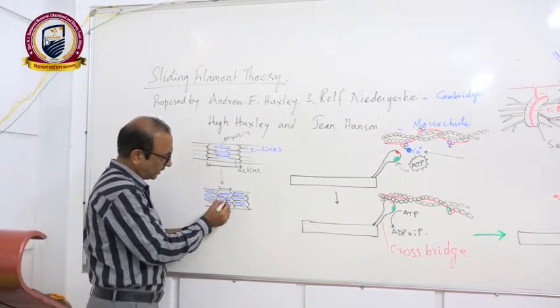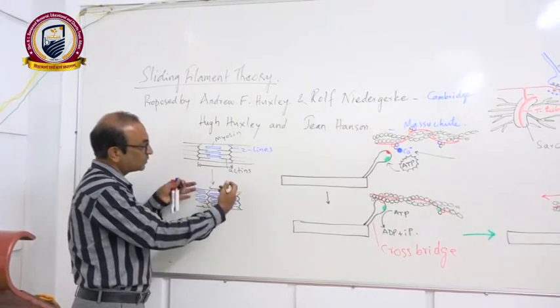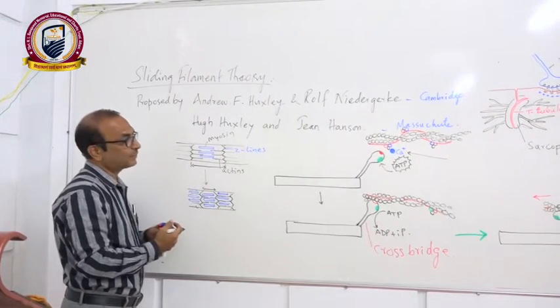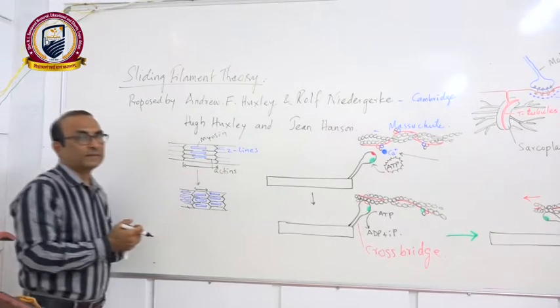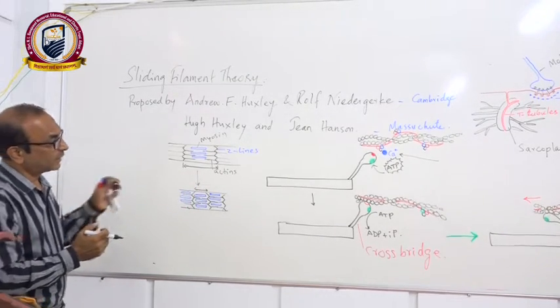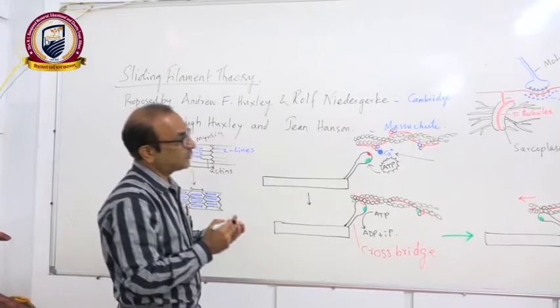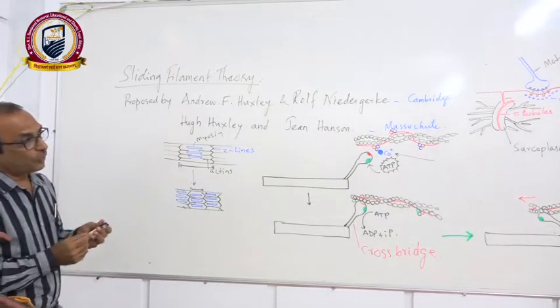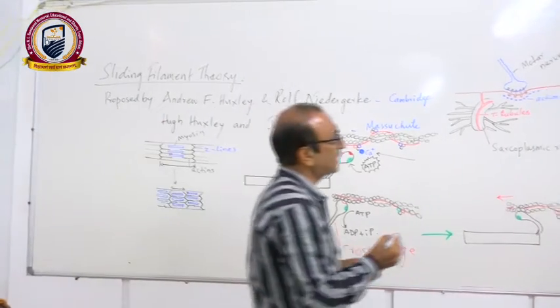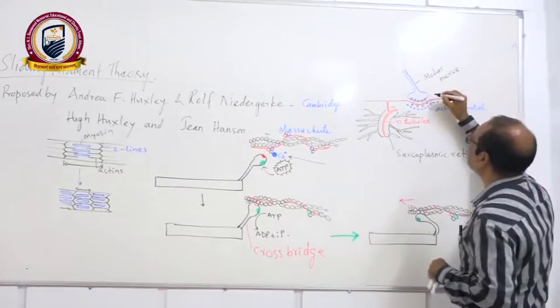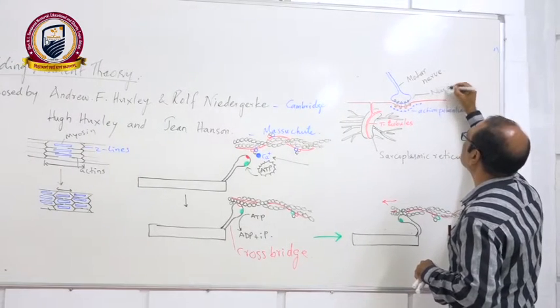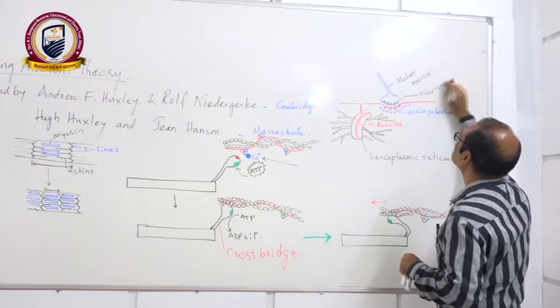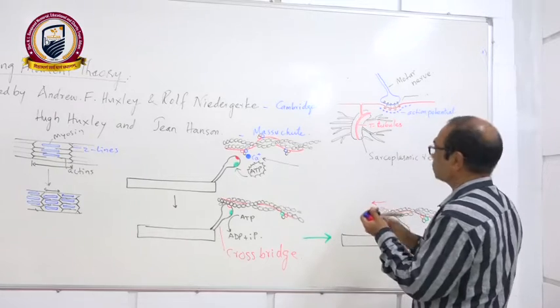We see here that the actin and myosin get totally overlapped, that is, by sliding in of the actin filaments. So this can be understood by these diagrams here. Now first of all, we must know how the muscle is activated. Now this is the neuromuscular junction.